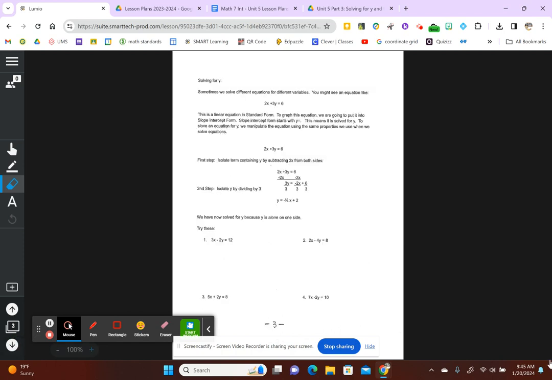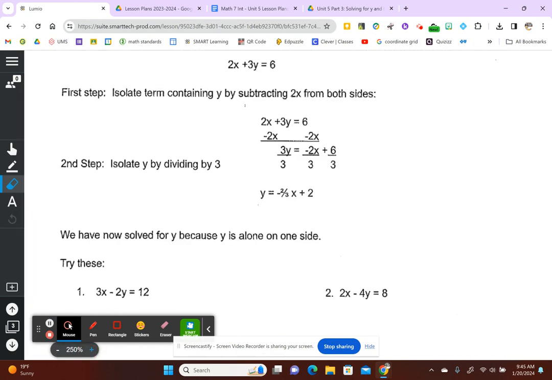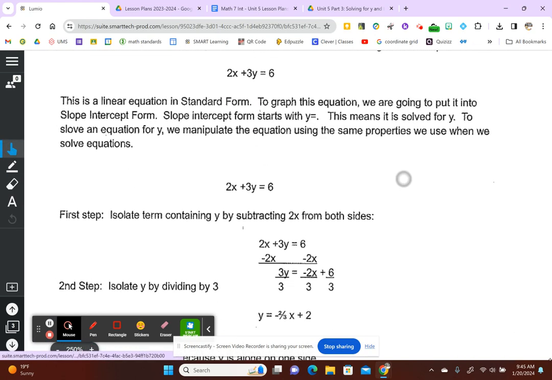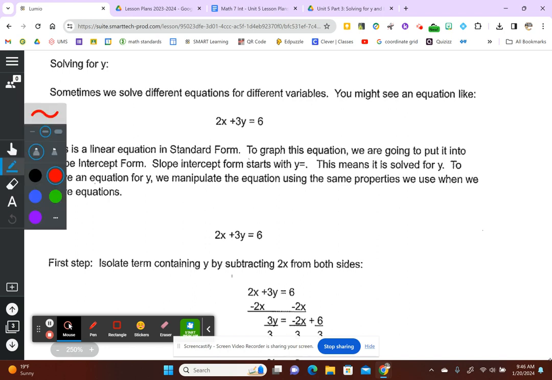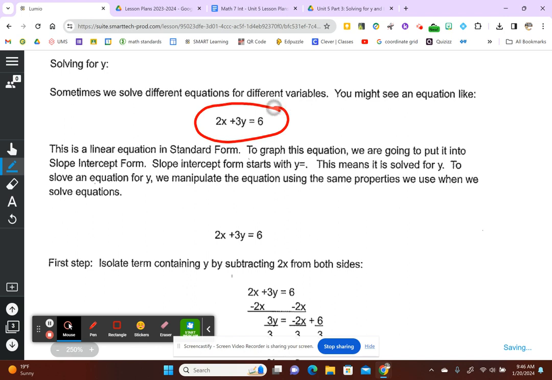But what we're also going to go over today is solving for y. When you solve an equation for a different variable, so here you might see this equation, which is in standard form, 2x plus 3y equals 6.